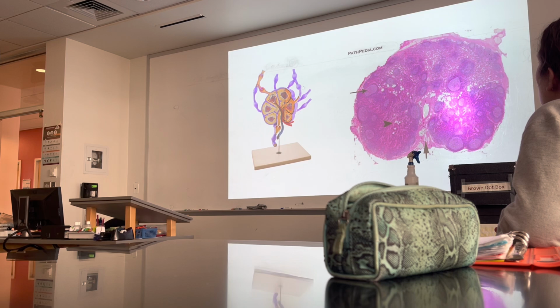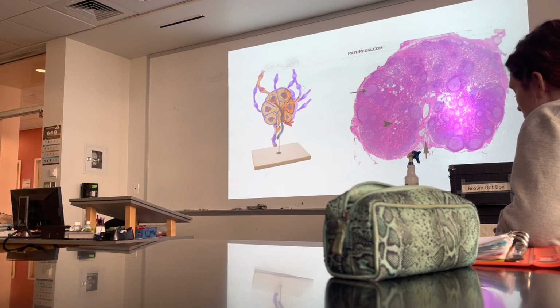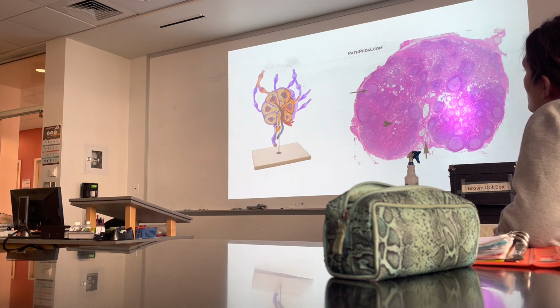There's always more afferent than efferent, because that difference in number slows down the lymph flow, which is good because it gives the white blood cells time here to sort through everything that's entering the lymph nodes.